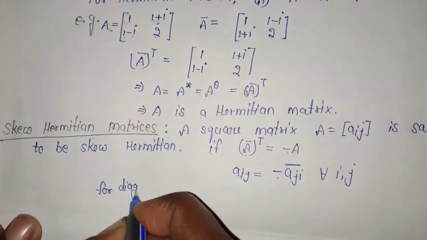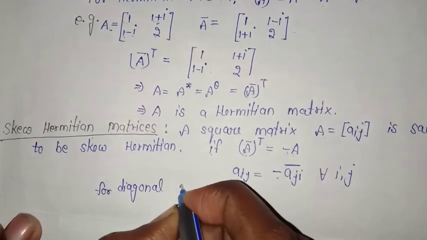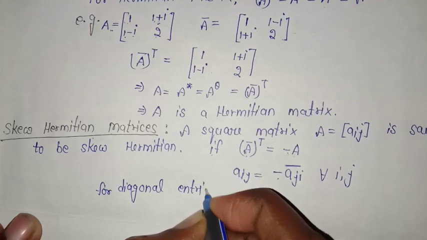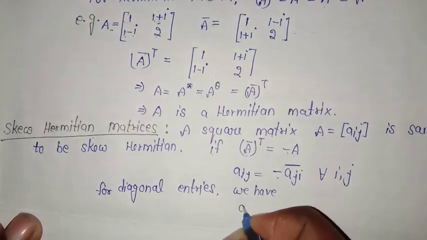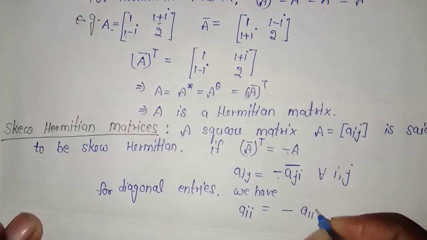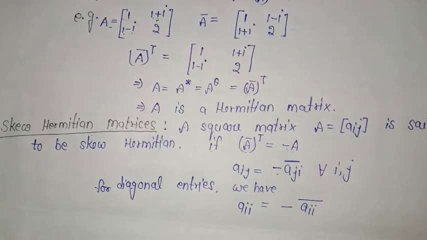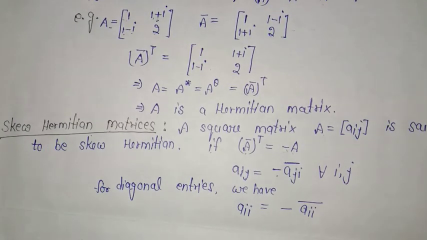Now if we discuss the diagonal entries of a skew Hermitian matrix, for diagonal entries i becomes j, or i is equal to j. So for diagonal entries we have Aii is equal to negative of Aii bar. Now we know that Hermitian and skew Hermitian matrices contain complex entries.